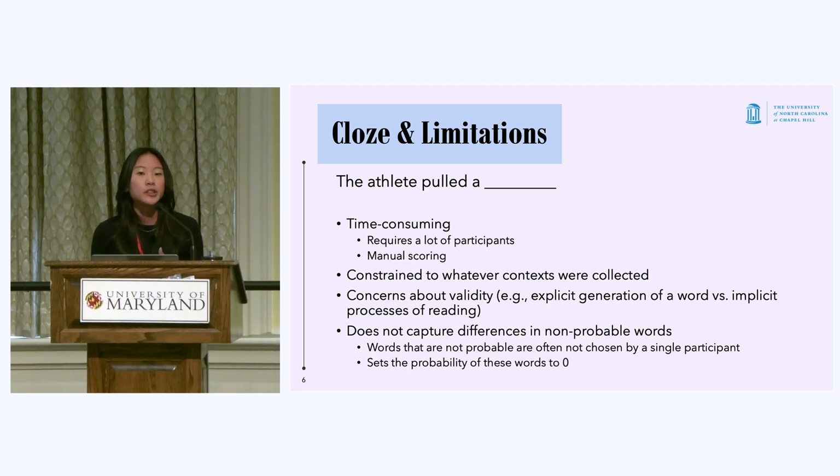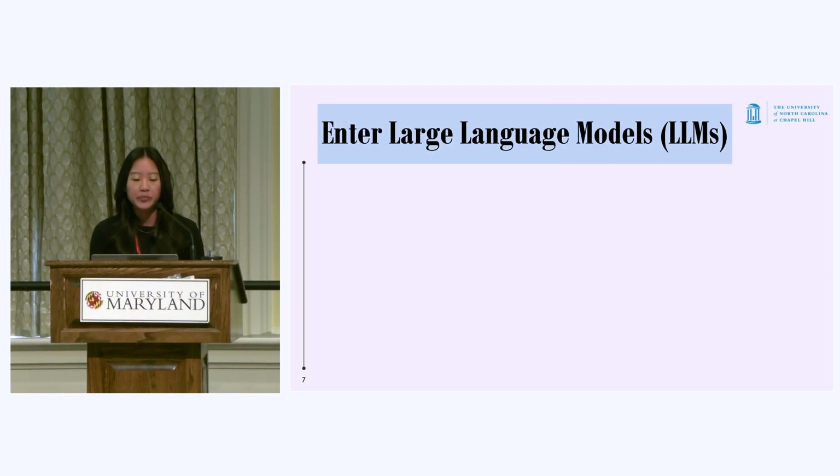And finally, and most problematic, is this idea that cloze probability does not capture differences between non-probable words. So there are a lot of words you can imagine for this context here that no participant would give as their response. And so those words are going to be set to a probability of 0, and there's going to be no variation amongst them.